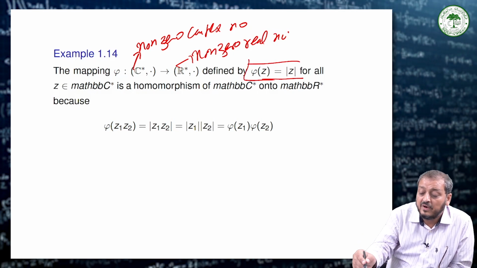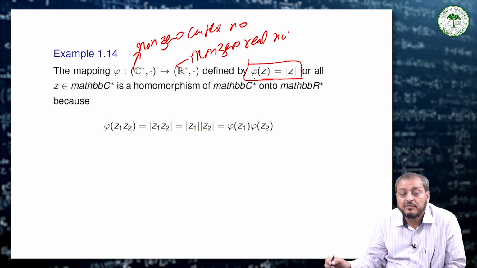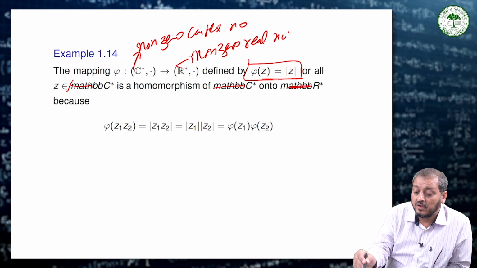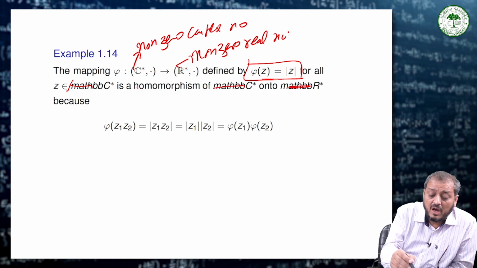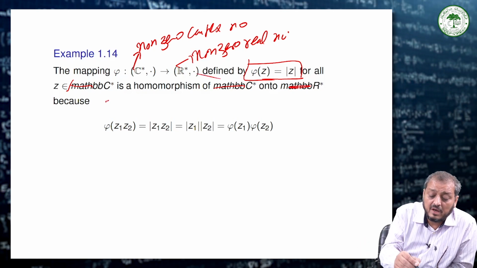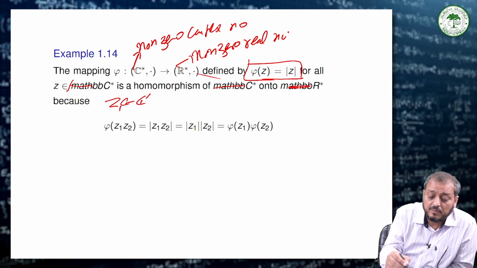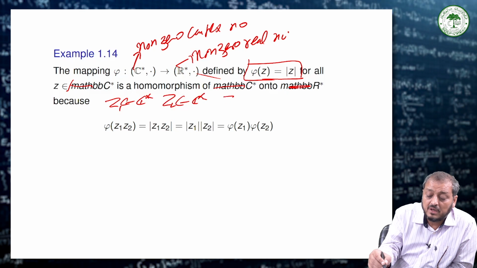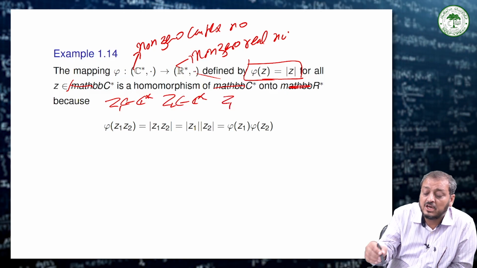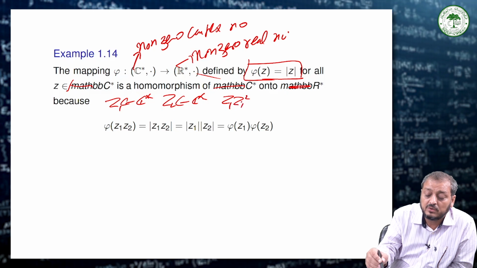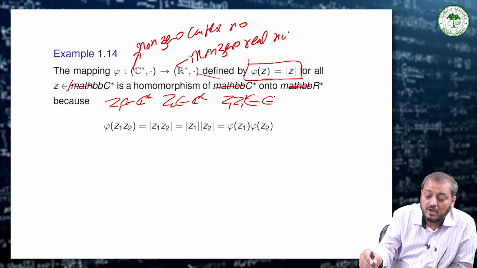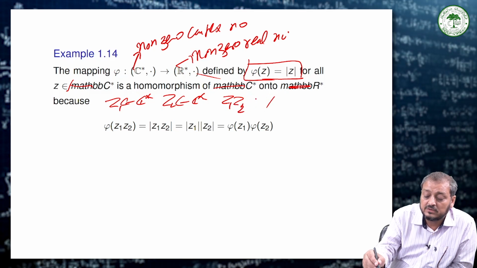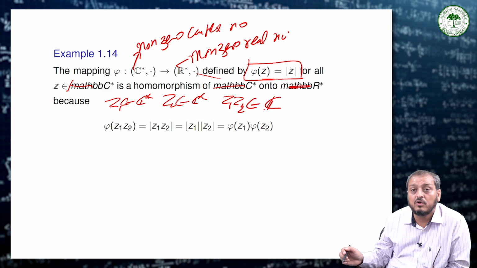The map is defined by phi of z equal to the absolute value of z. Now take z1 and z2 in the non-zero complex numbers, which form a group under multiplication, so z1 z2 is also an element of the non-zero complex numbers.